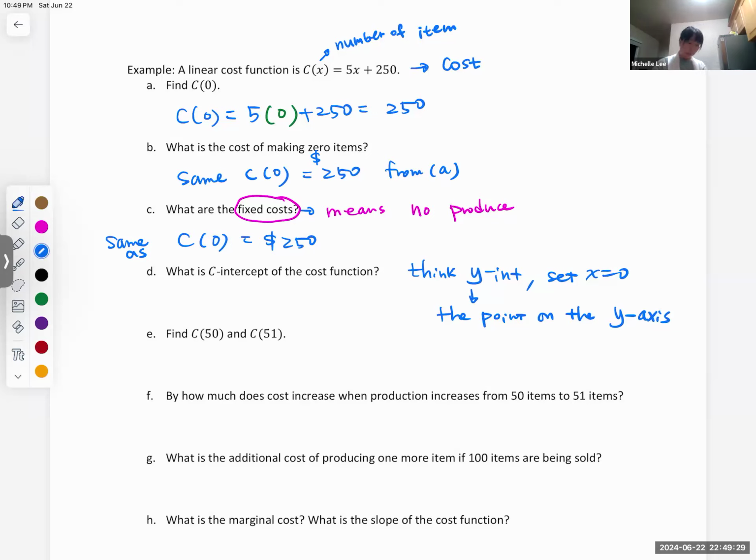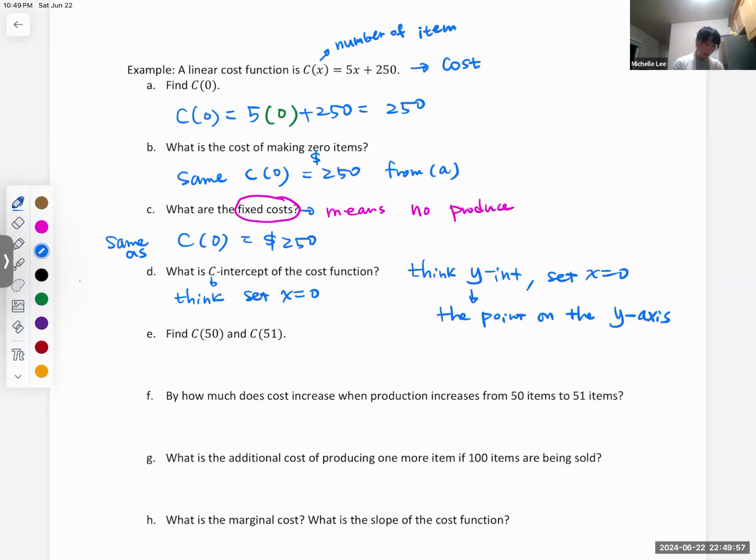Okay, now let's go back to the example. What is the C-intercept of the cost function? That means we're looking at setting x equal to 0, right? Set x equal to 0. And then this means the point on the C-axis, right?